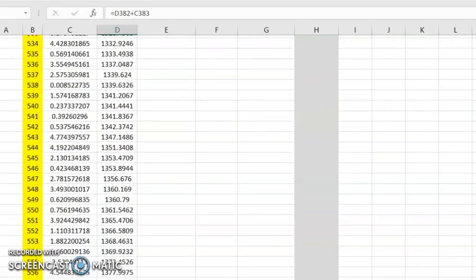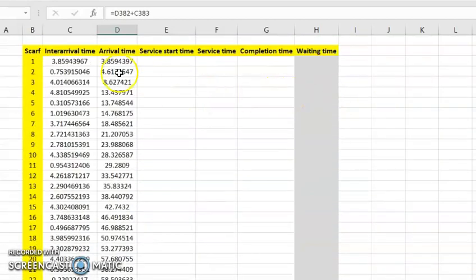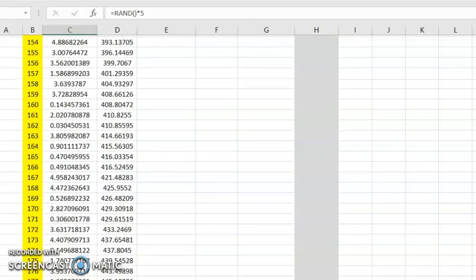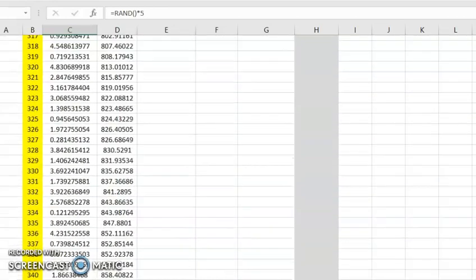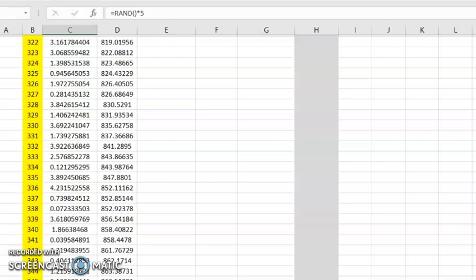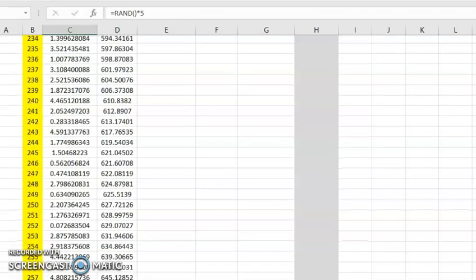But the inter-arrival time is not increasing because it's a random number between 0 and 5. All the random numbers that we have in this column are between 0 and 5, and they are not increasing.